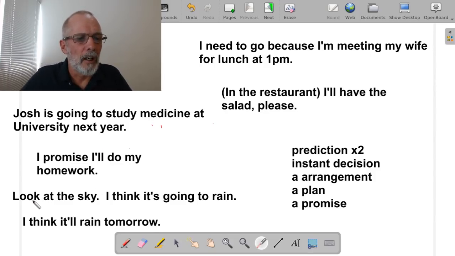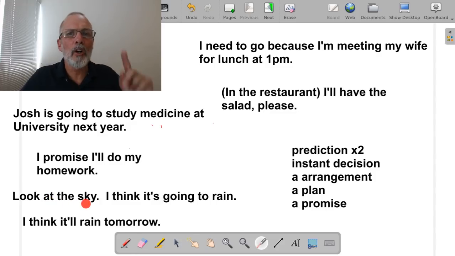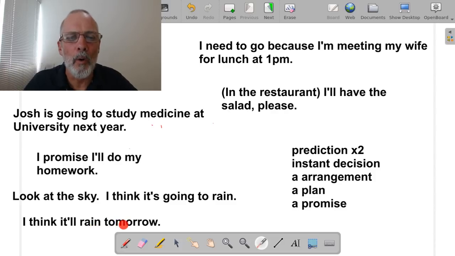Another statement, look at the sky, I think it's going to rain. And another one, very similar, I think it'll rain tomorrow.